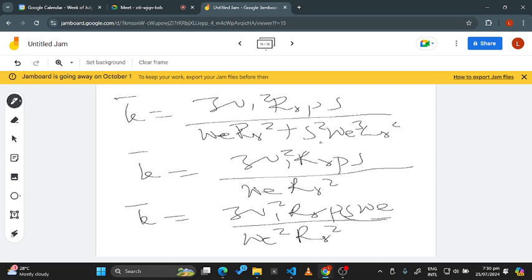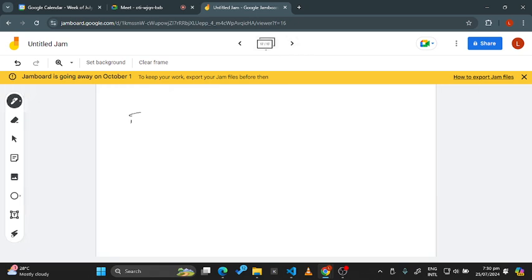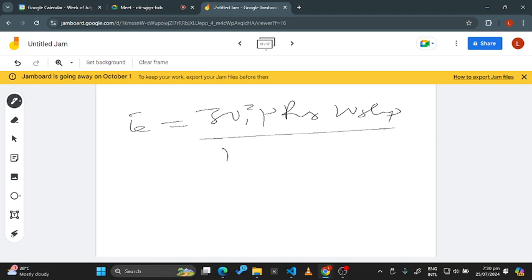Then what we have here is omega slip. So this can be written as TE equal to 3v1 squared P times R times omega slip divided by omega E squared RR.